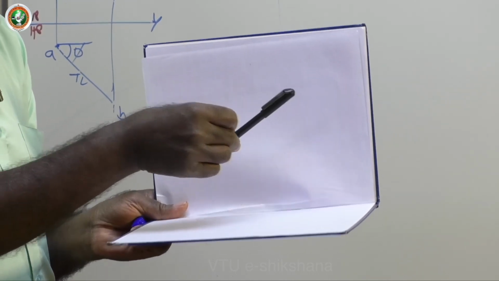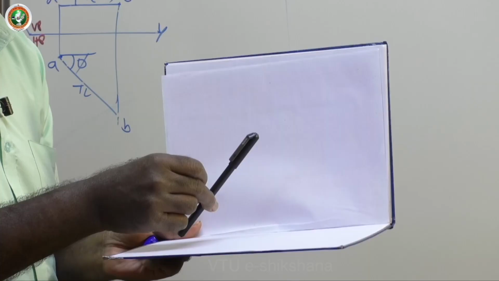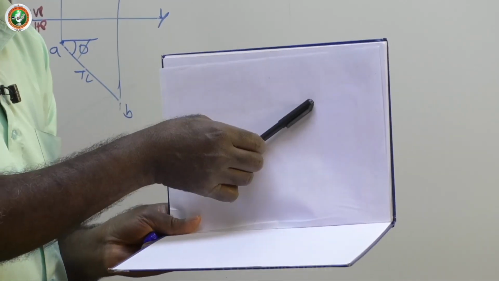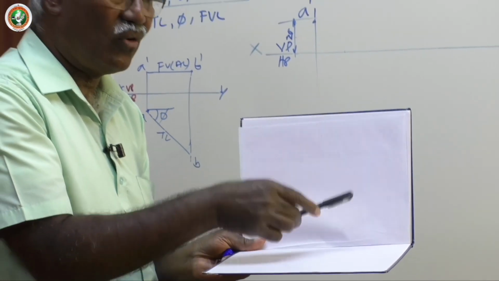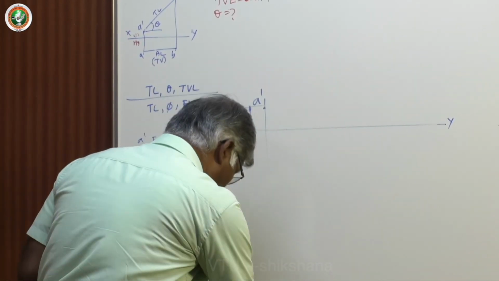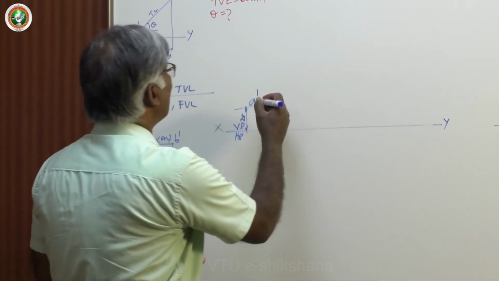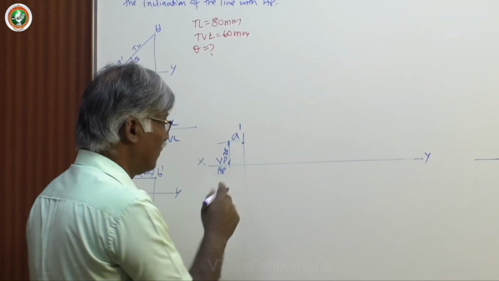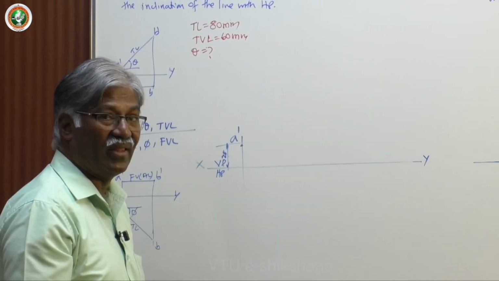Okay. So the front view is the true length, the top view is the apparent length, we know. The apparent length is given and the true length is given, so we have to find out theta, that's all. We have worked out basic problems of this type. Now let me take this up here. We don't know the inclination, so we cannot fix the true length in the front view.